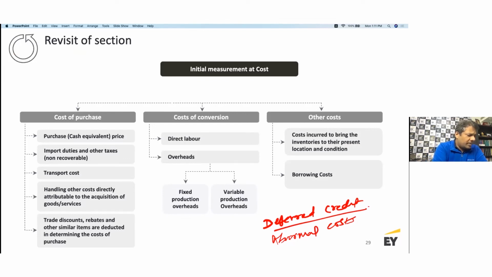We also talked about sales and distribution: if it is distribution from factory to the warehouse, that's not distribution; that's bringing the inventory to its present condition and location. Anything which is direct and incremental is part of the cost of inventory. Other than that, it's a period cost or a sales cost which needs to be excluded or charged to the P&L.